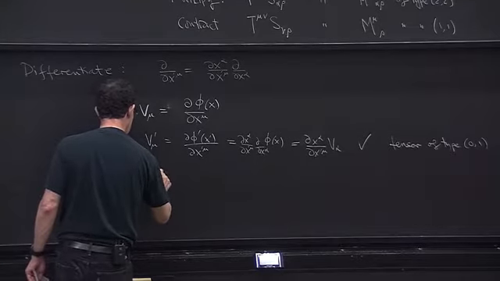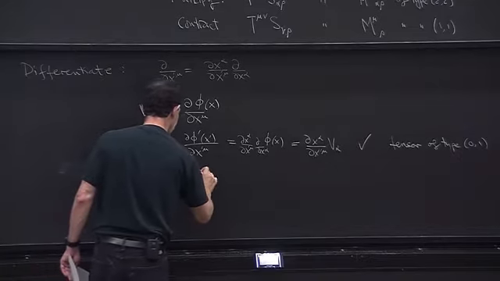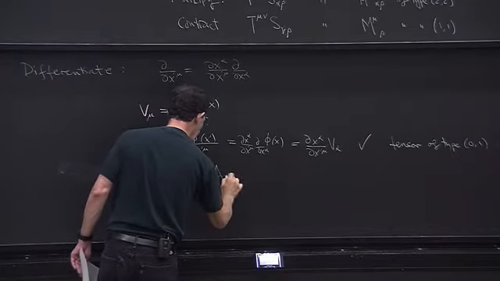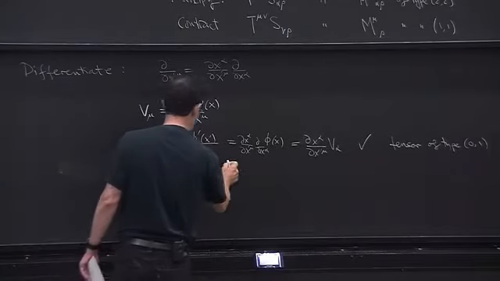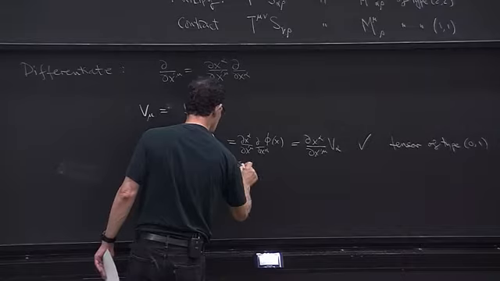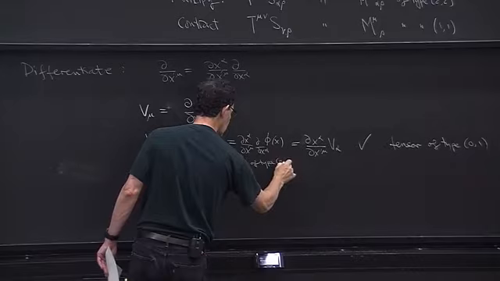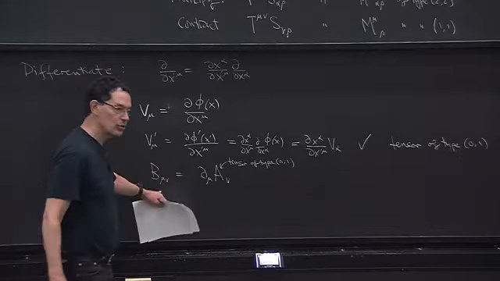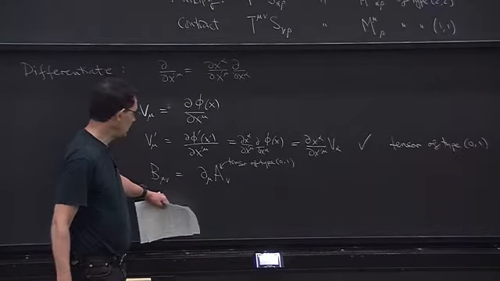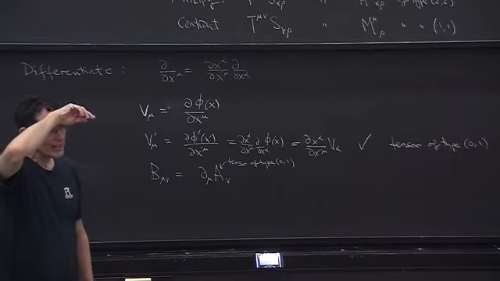Let's say we have b mu nu equals d mu a nu, where a nu is a vector, a tensor of type 0, 1. So the question is, is that a tensor of type 0, 2? Okay, now something goes wrong. Can you tell me what it is?